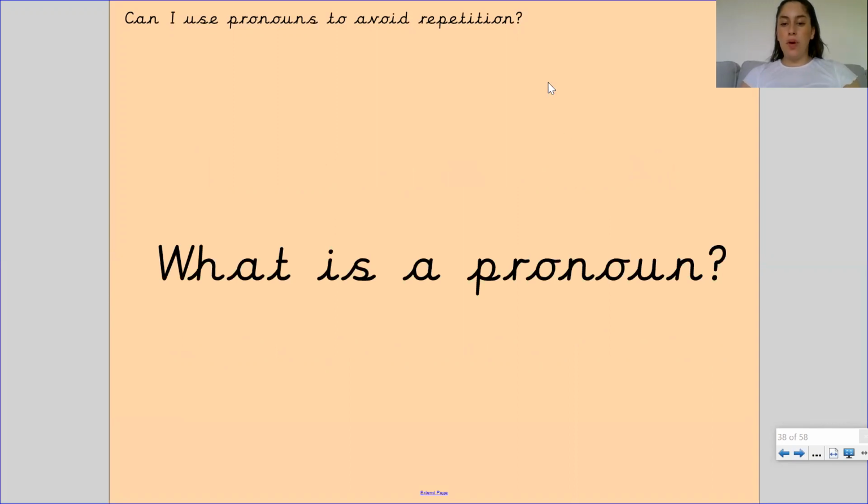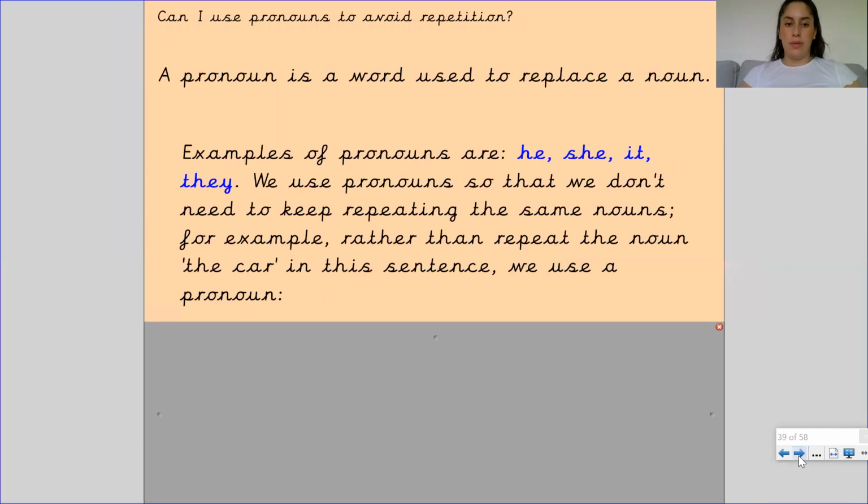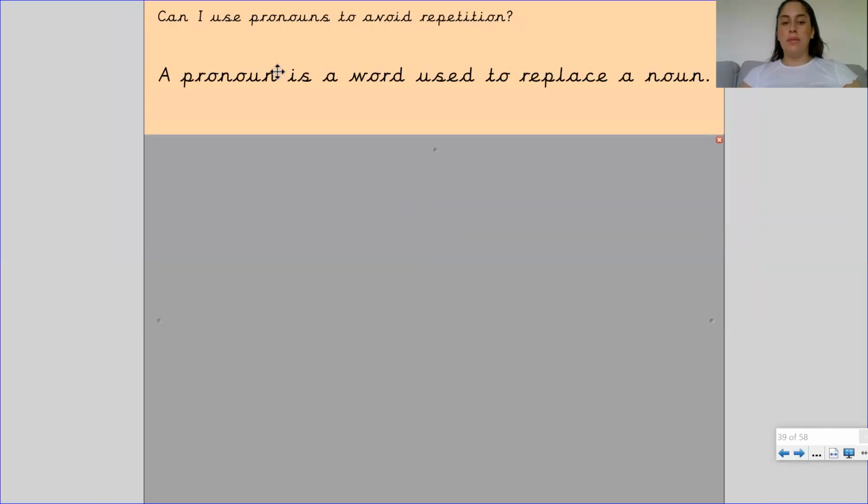So what is a pronoun? Who knows what a pronoun is? A pronoun is a word used to replace a noun. And we use pronouns to avoid repetition.